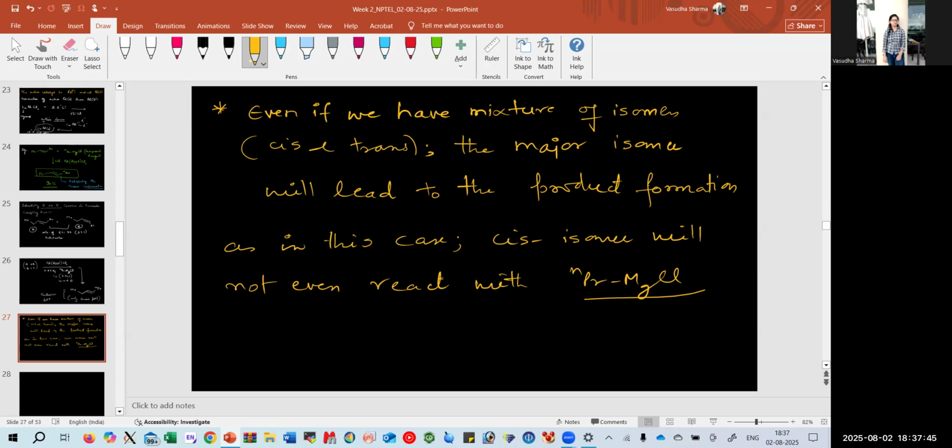This is what we have learned about the Kumada reaction.